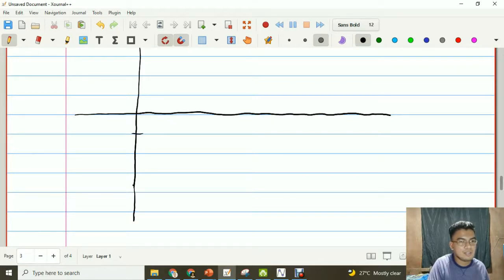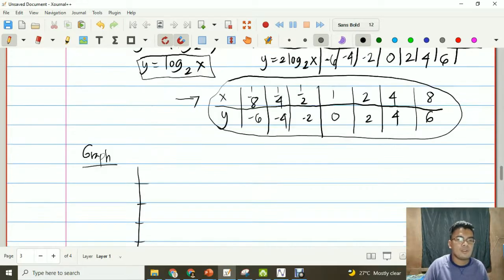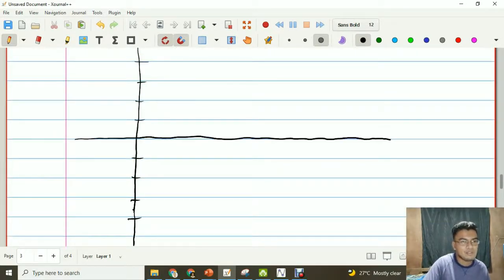So negative 1, negative 2, negative 3, negative 4. This will be positive 1, 2, 3, and 4. If x is 1/4, and then ito hanggang kay 8.